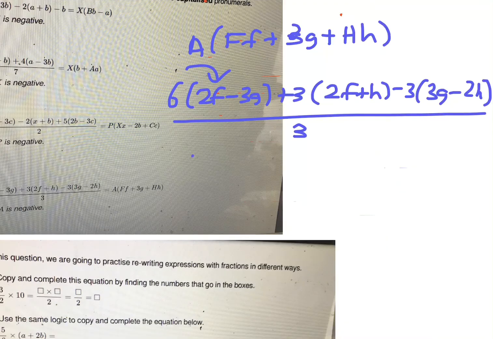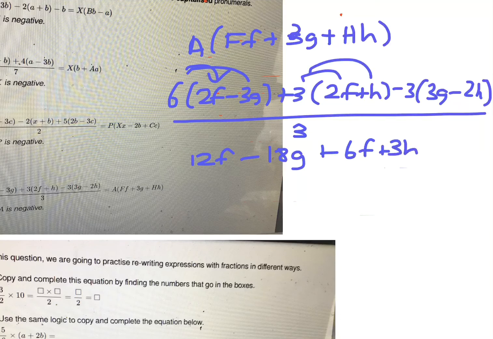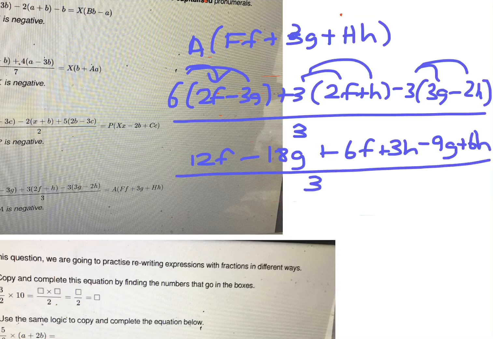Okay, so you go 6 times 2 is 12f, 6 times 3 is 18g, 2 3s are 6, so 6f, 3h, 3 times h, minus 3 times minus 3 is 9g, minus times a minus, 3 times minus 2 is plus 6h, all over 3.